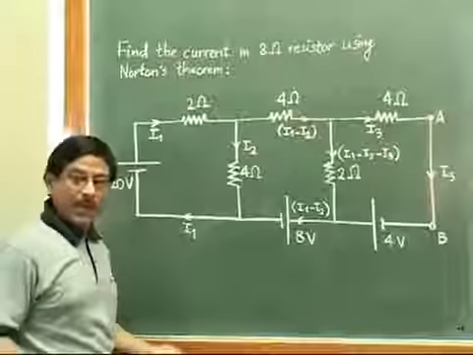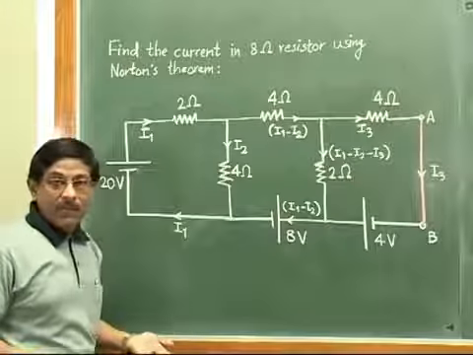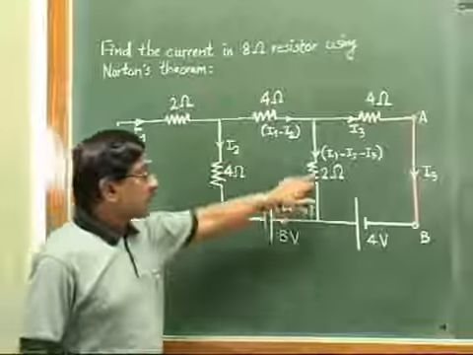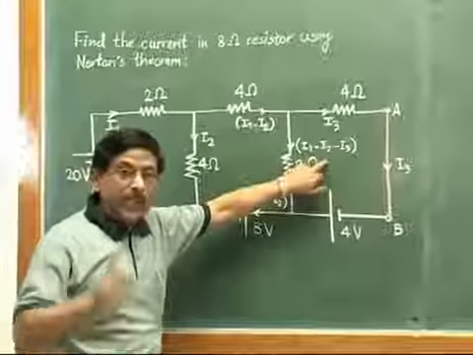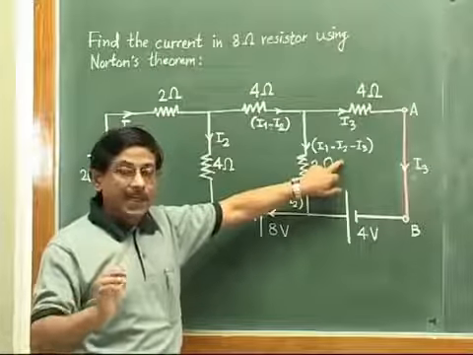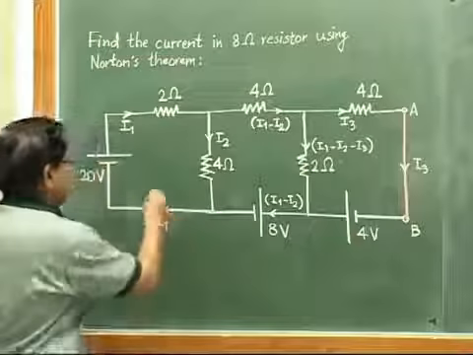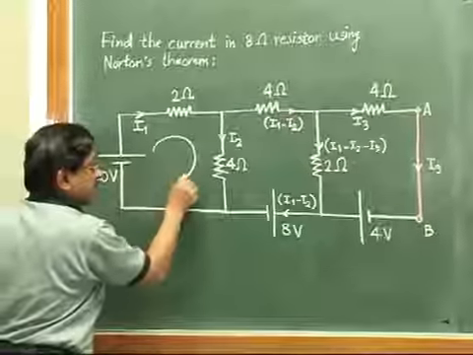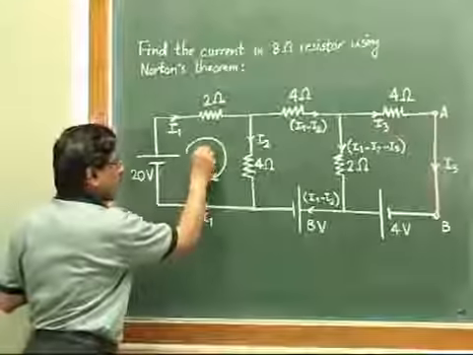Our next job is the regular job, that we have to identify the loops or meshes. So 3 current variables, so we need 3 equations to solve. And for 3 equations we need to identify 3 different meshes. Again, as a regular practice, we consider that this small one is our loop 1.